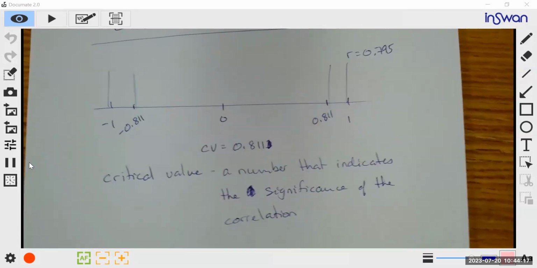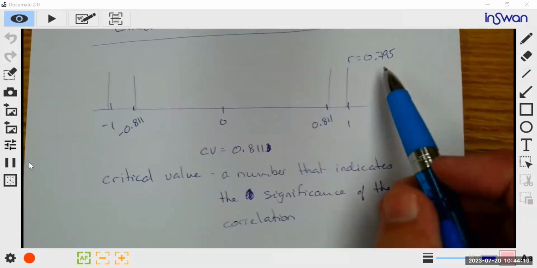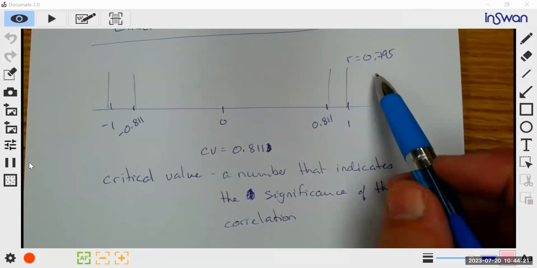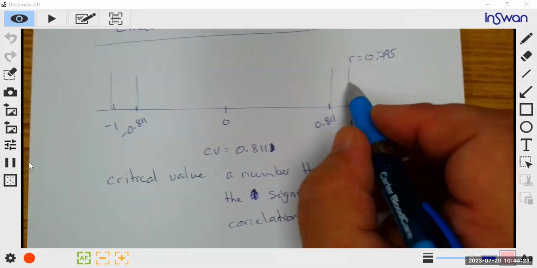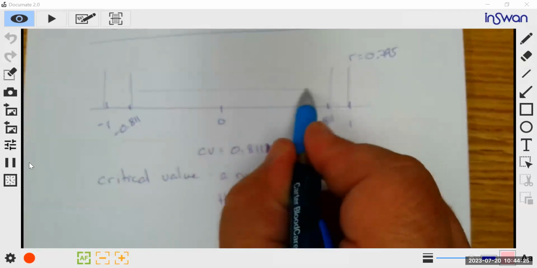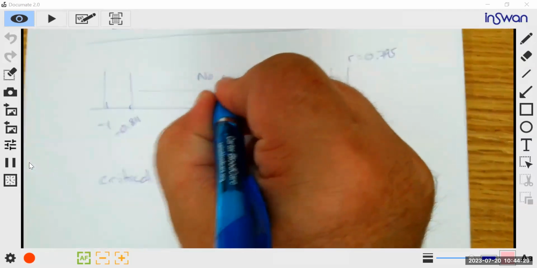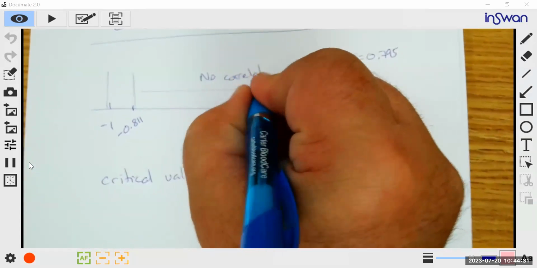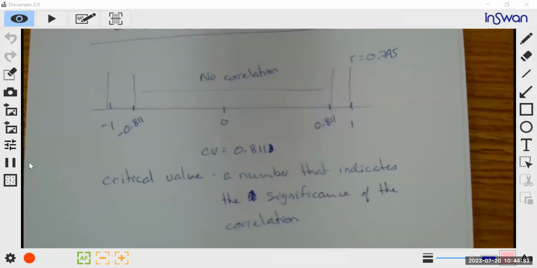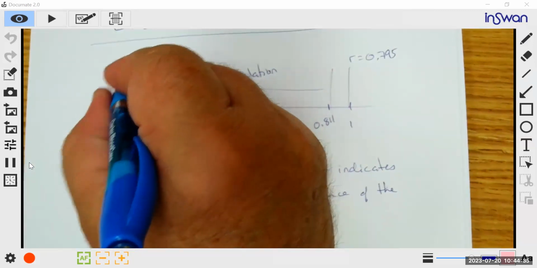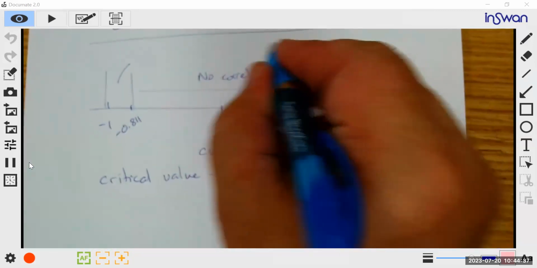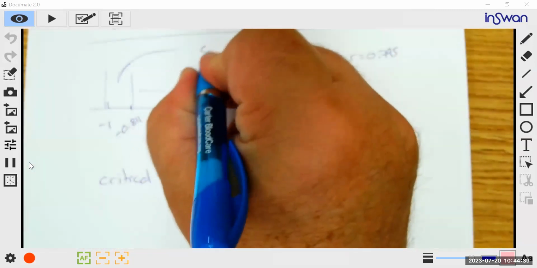That's what we do before we find the R. Once we find the R, if the R value falls between these critical values, then there's no correlation between the data. If it falls in here or here, then there is a correlation.